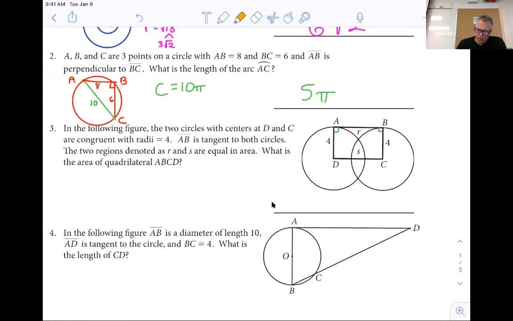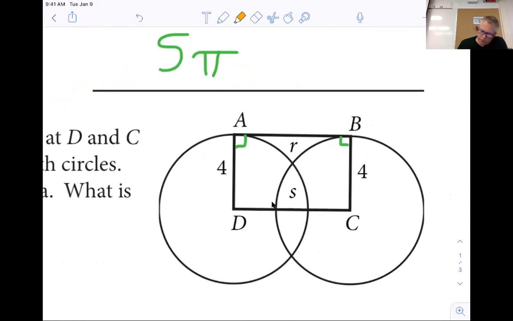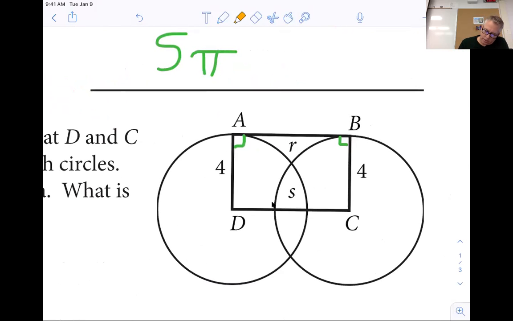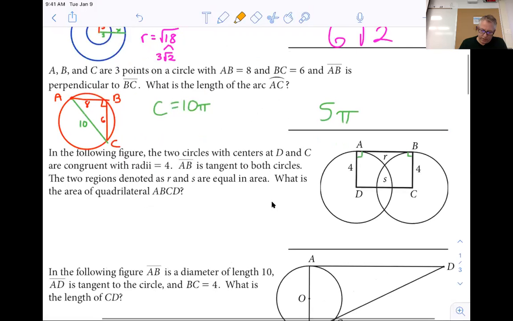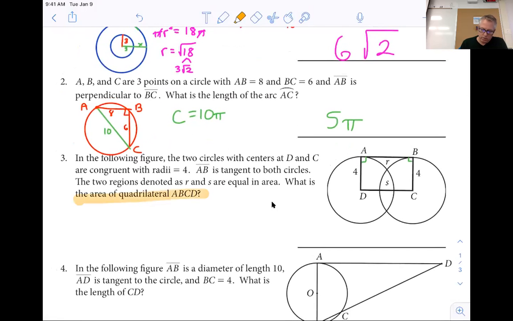All right, but I think what you're describing here is that arc length, correct? Yes, correct. But I think we want to find the area of the quadrilateral. Maybe I'm missing something. Did we get to the area from that?